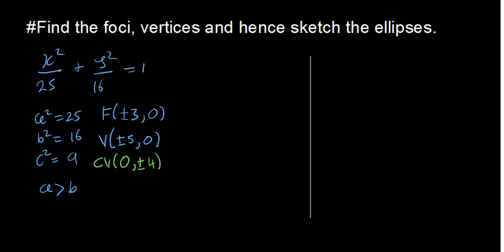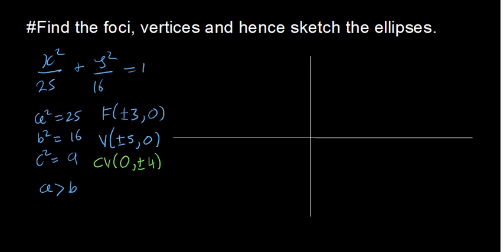In some questions, you're also able to determine the eccentricity as well. If you remember, it's more like a property that describes how oval the ellipse is. I'll try to show that as we sketch this one.